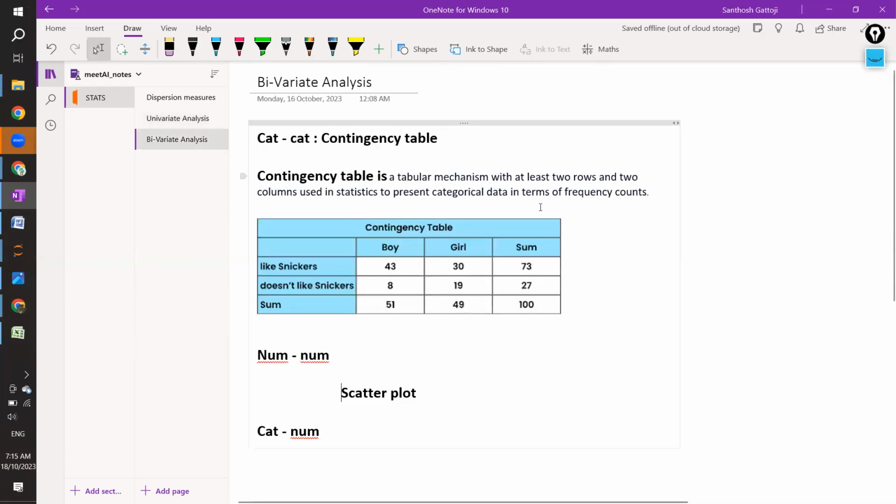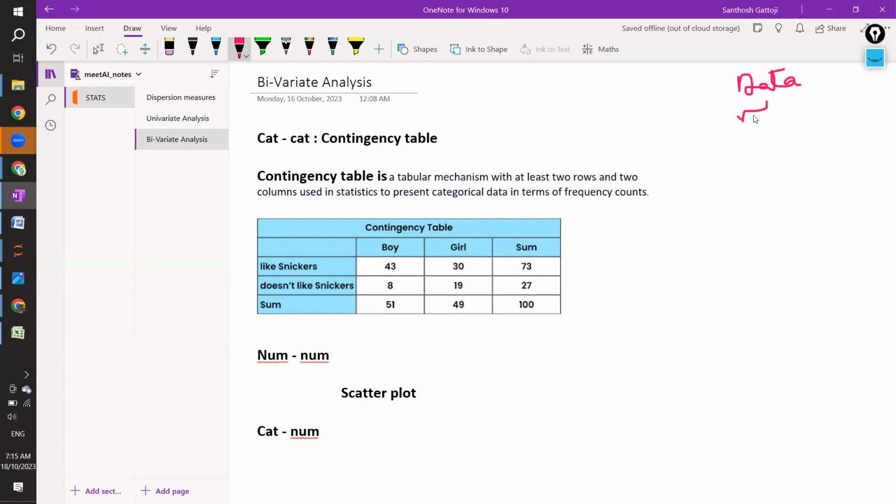Now in bivariate analysis, what are the different types of combinations you can have? Fundamentally, how many types of data did we divide into? We divided into categorical and numerical at a high level. So how many combinations are possible?